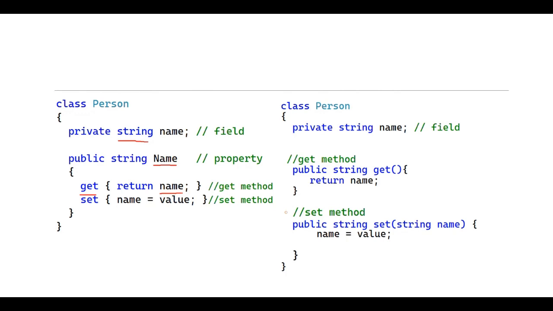It is what we call a getter or get method. And the set method sets the value to the variable. It is the set method, or setter. We say getter and setter.